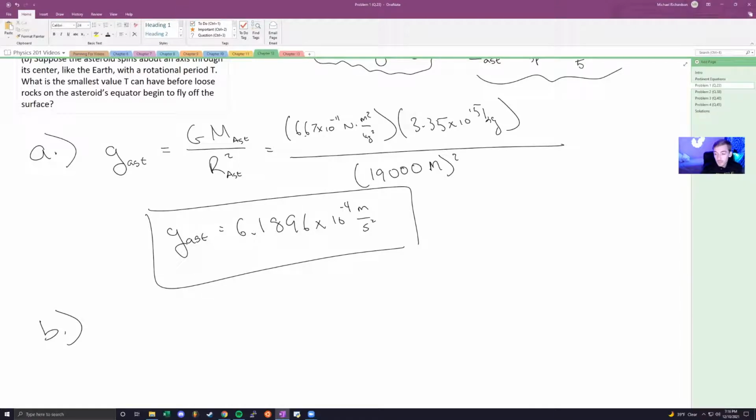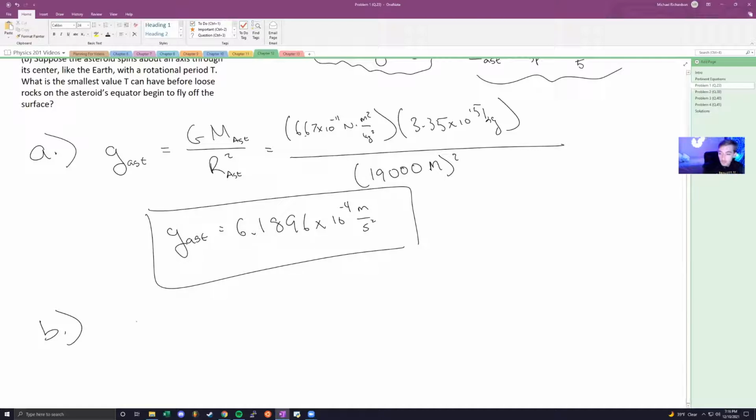So with situations like this, what we're essentially trying to find is when our centripetal force on whatever object we're considering is going to equal the force of gravity on that object.